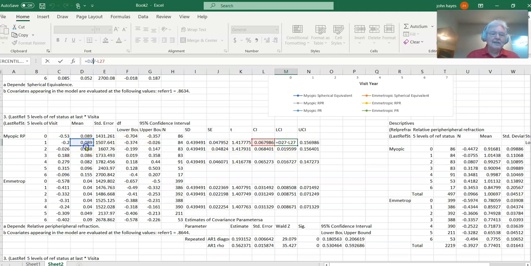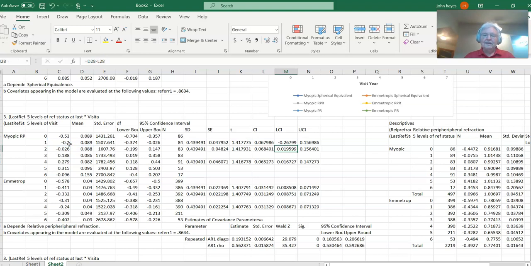That mean is really the error term, so I need to put that there. Okay. And the same way here. That needs to be there. And so now we copy this, paste, paste, paste, paste, paste.